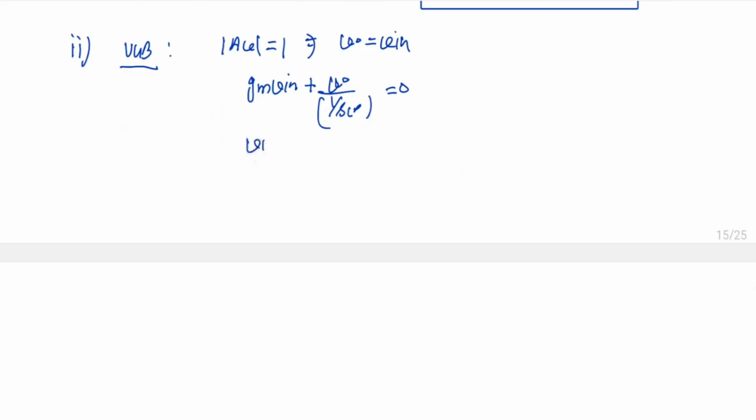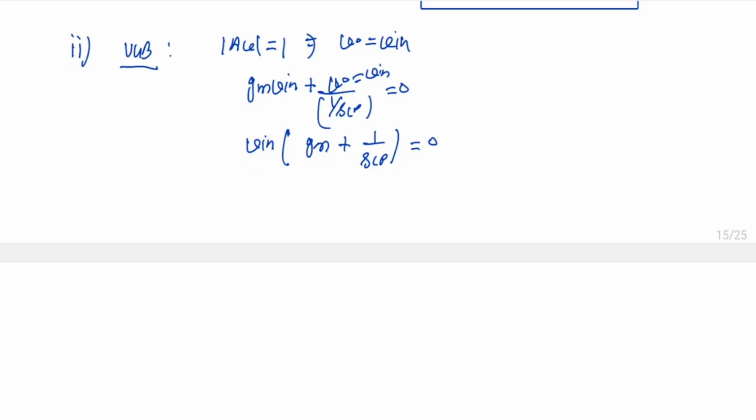Since V naught equals V in, I take V in out, so that will be GM plus 1 by SCP equal to 0.